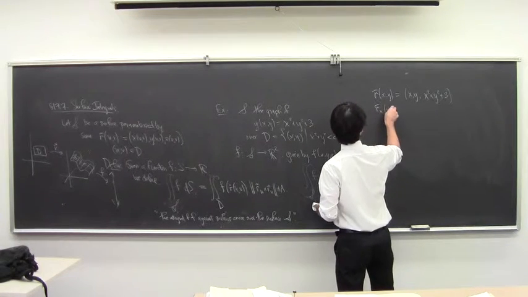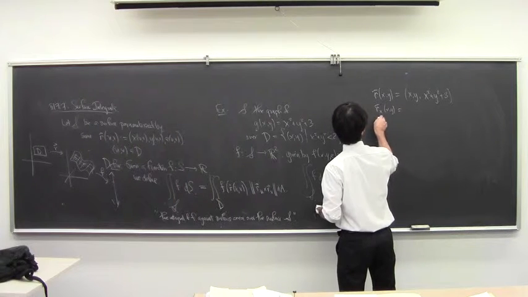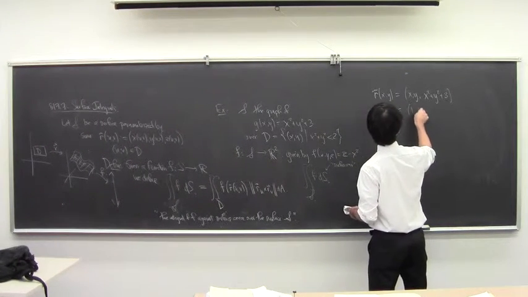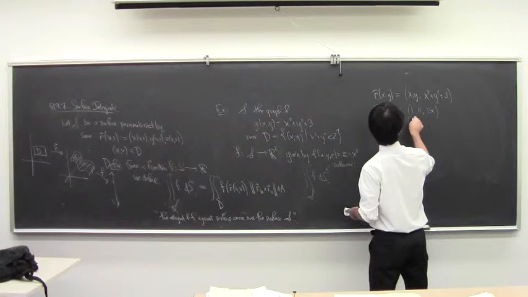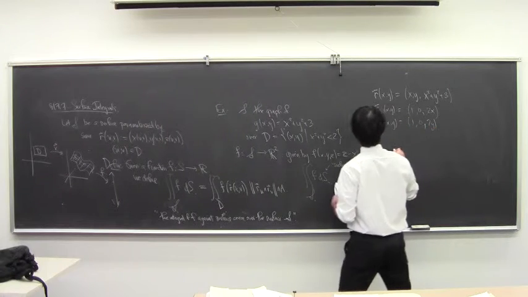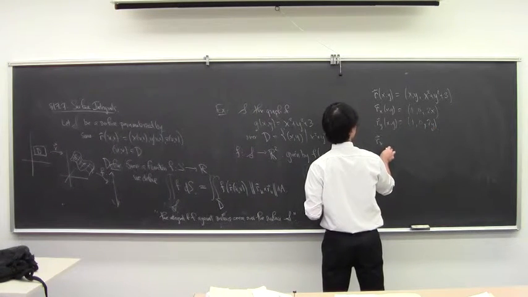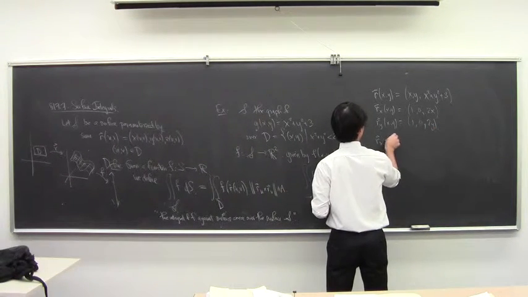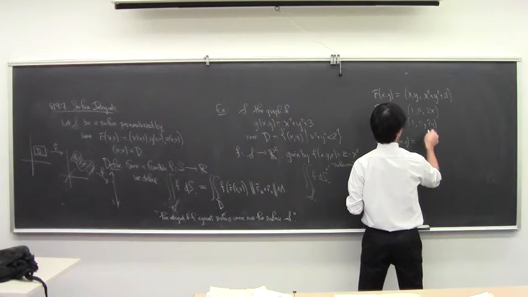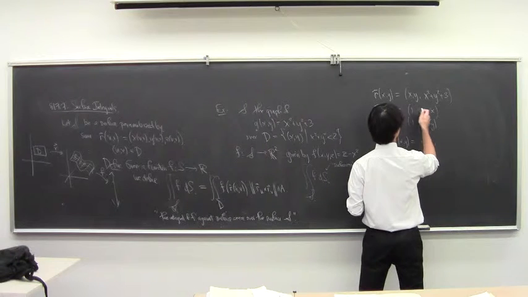You differentiate, you take the tangent vectors along the grid lines, right? So 1, 0, 2x, and 0, 1, 2y. You cross them. You get 0.